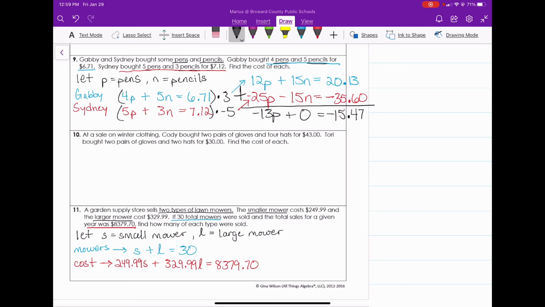Okay? Because the 35 is bigger than the 20, and when we combine them, there's still going to be negatives left over. Now, when we finish simplifying this should say negative 13p equals negative 15.47, and we're going to divide both sides by negative 13. And a negative divided by a negative is a positive, so p is going to be equal to 1.19.